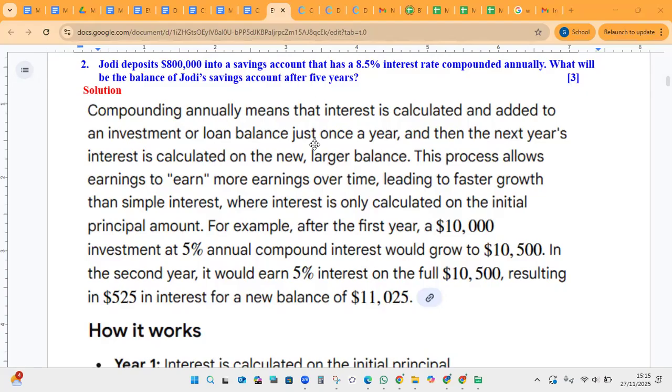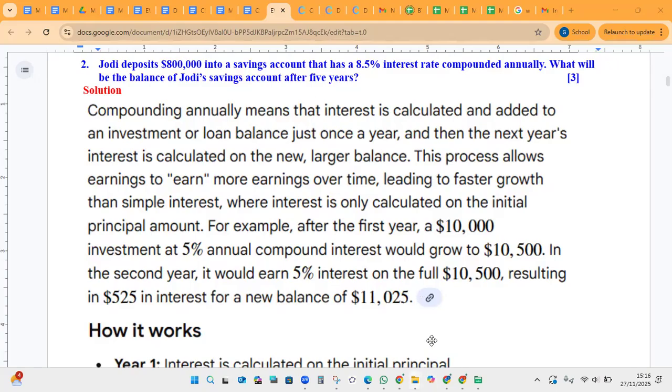So for example, after the first year, a $10,000 investment at 5% annual compounded interest would grow to $10,500. In the second year, it would earn 5% interest on the full $10,500, resulting in $525 in interest for a new balance of $11,025, and so forth.